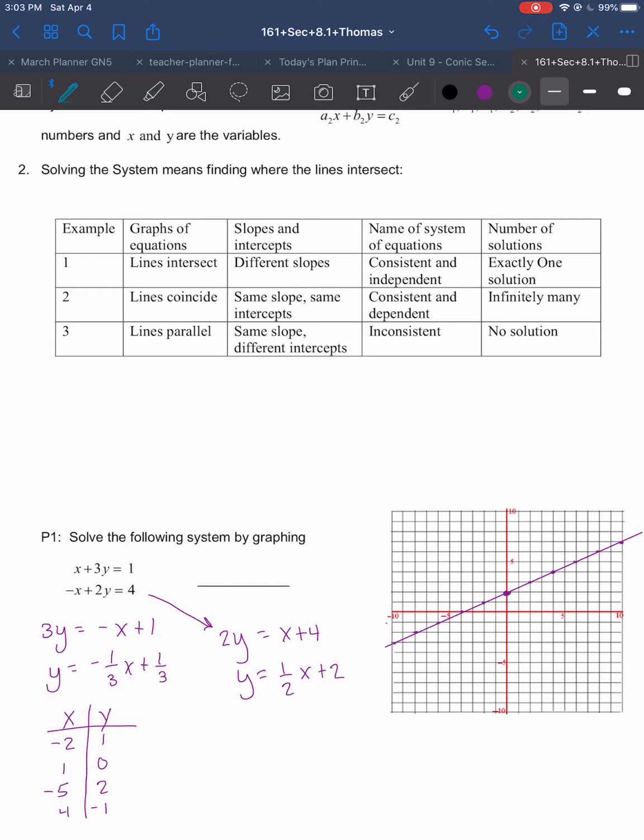So -2, 1, 1, 0, -5, 2. Nope, let's undo that. See if I can get it any better.